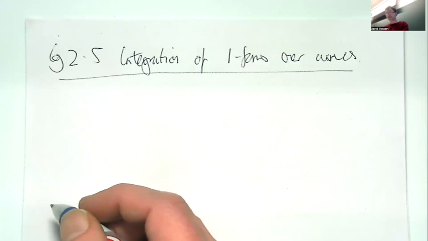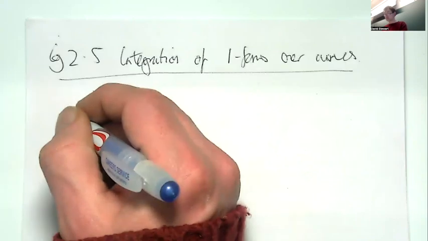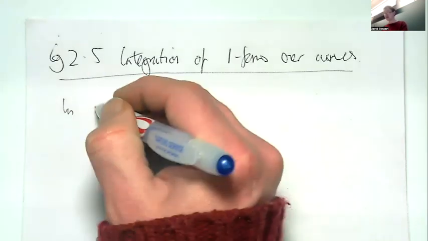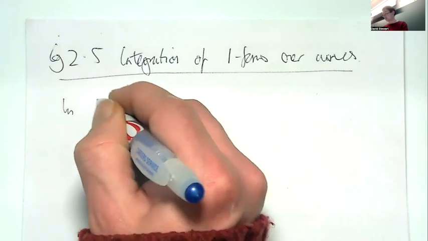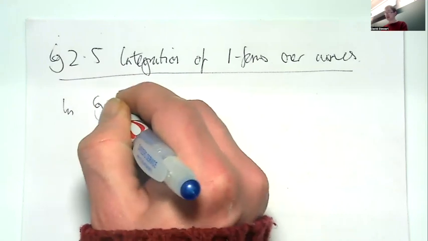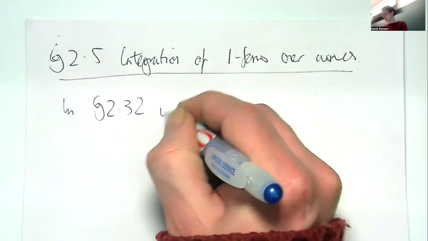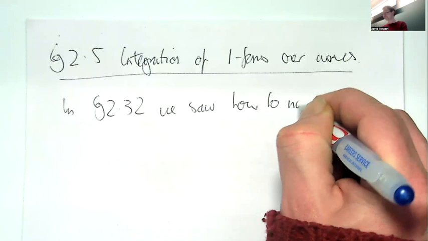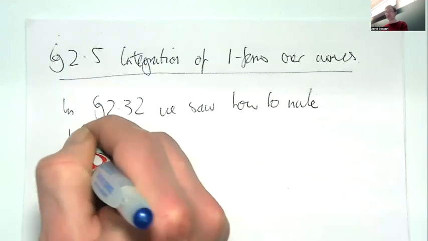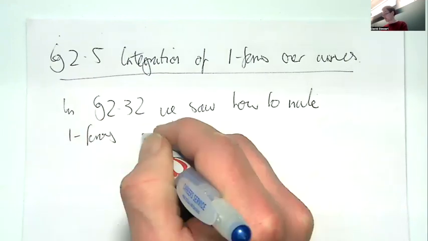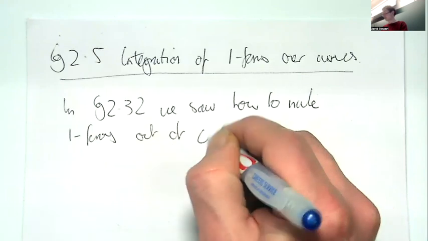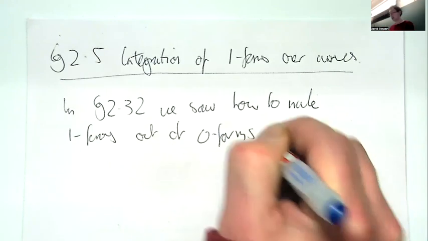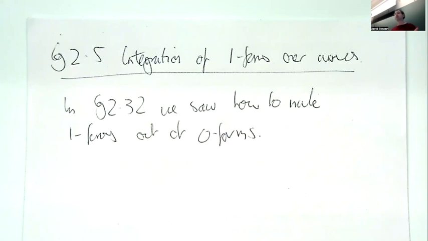Okay, so I'll just write some of this down, not all of it, but in section 2.3.2, we saw how to make one forms out of zero forms. So remember, a zero form is just going to be a function.